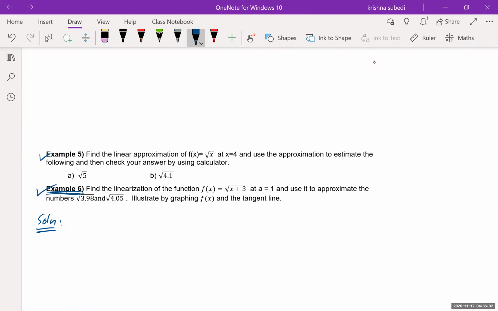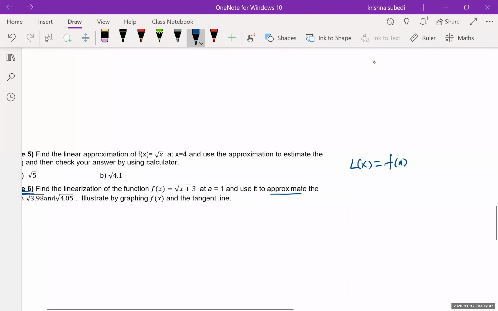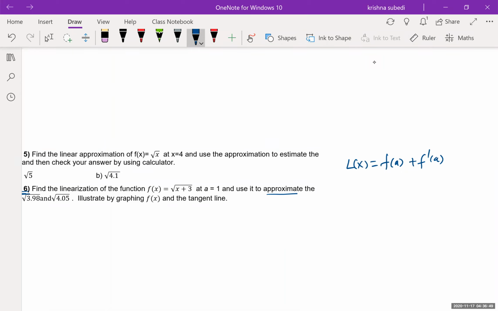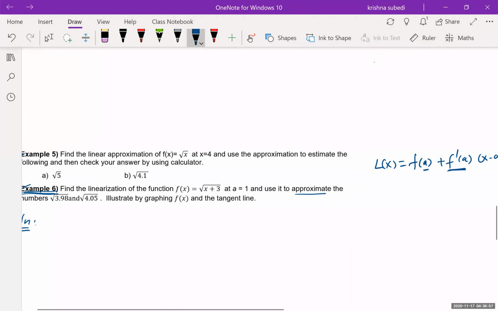Remember the formula that we have just written for linear approximation, the equation of a tangent line: L of x equals f of a plus f prime of a times x minus a. What we need to know first is the derivative.